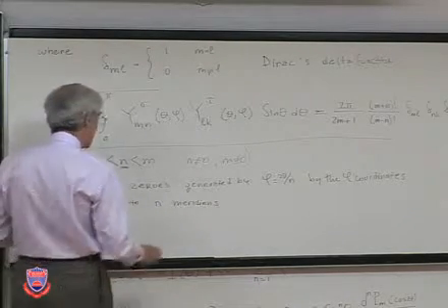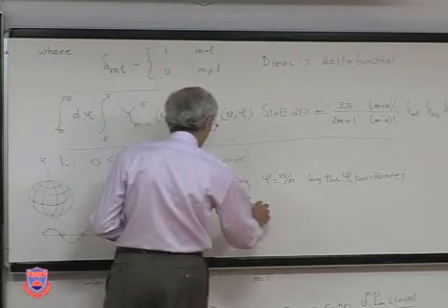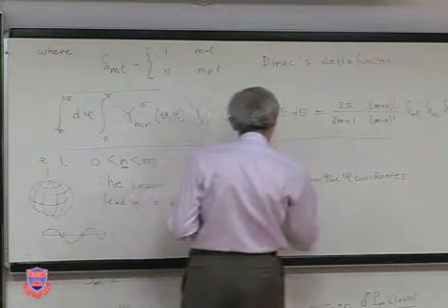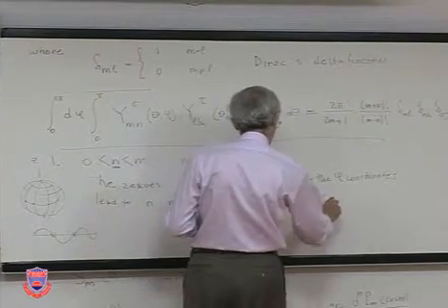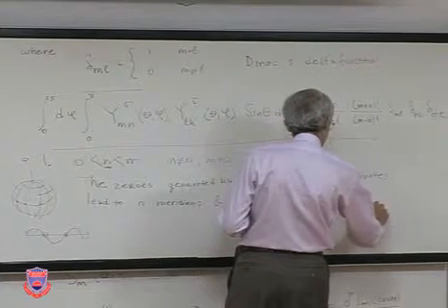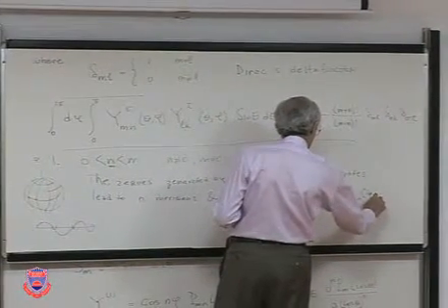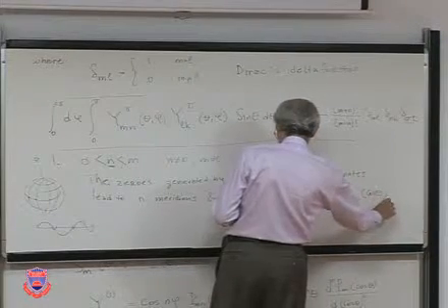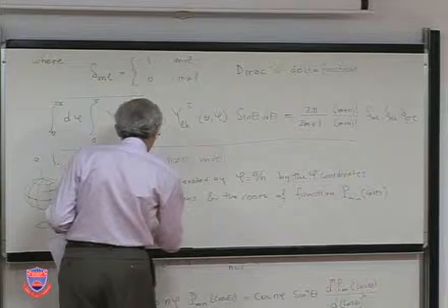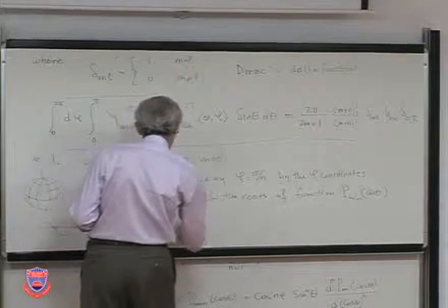Okay. And also the roots of the function P_m^n cosine theta give m minus n circles.